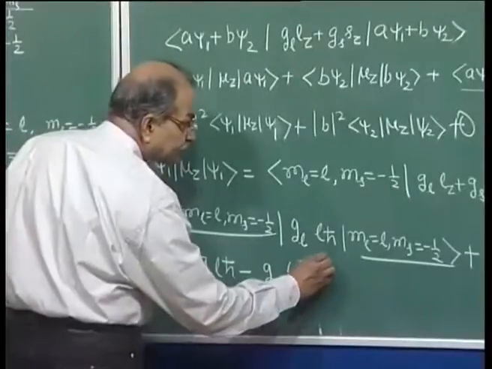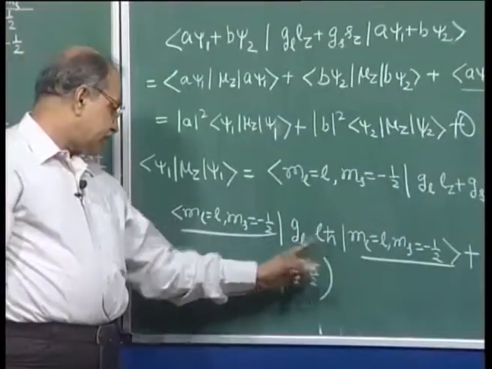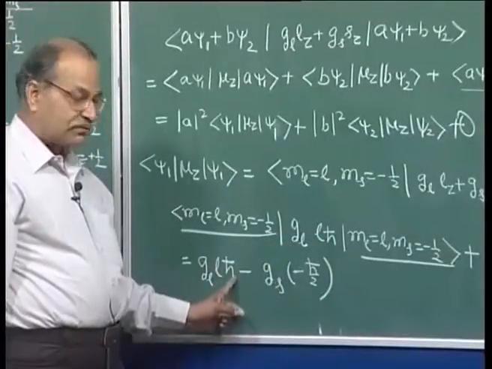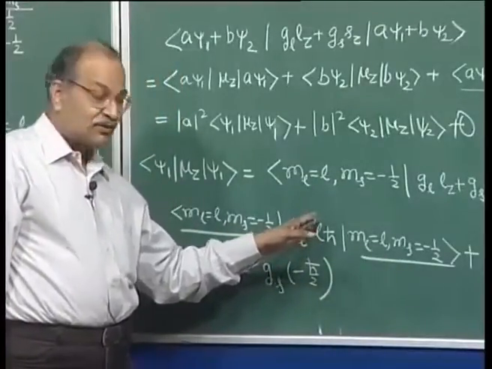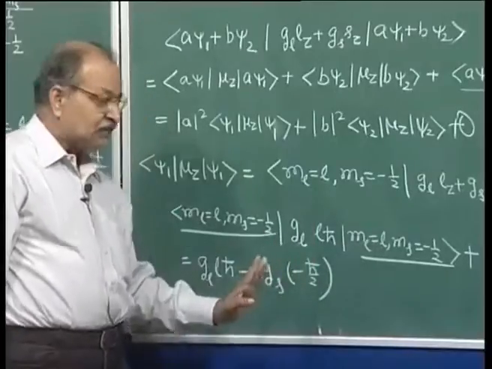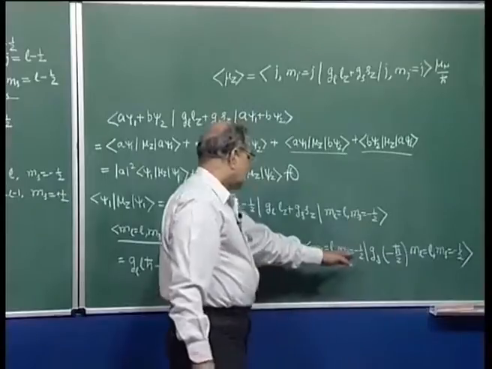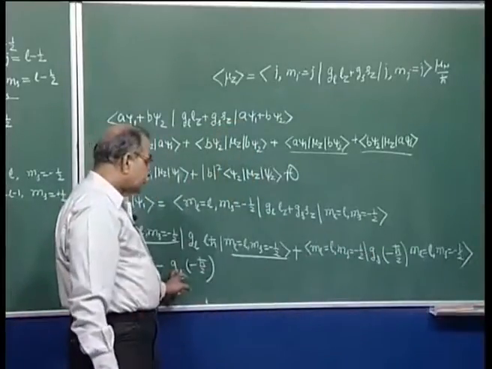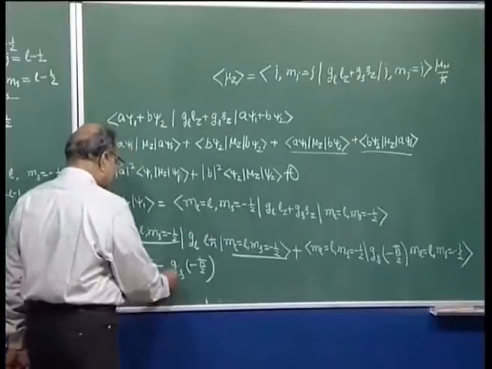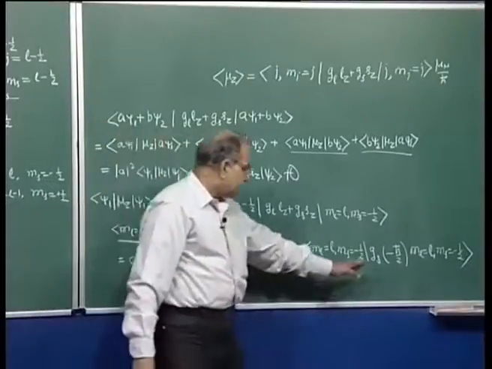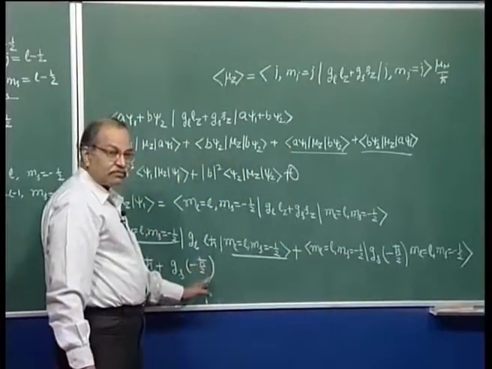Let me check the minus signs. From here I am getting GL L h cross. With this wave function, this wave function, there is no more operator here, these are numbers. So, this is 1. Similarly, on this side GS comes here, and minus h cross by 2 comes here.